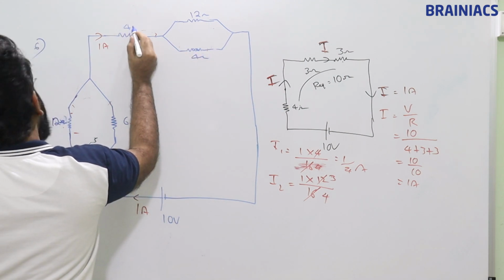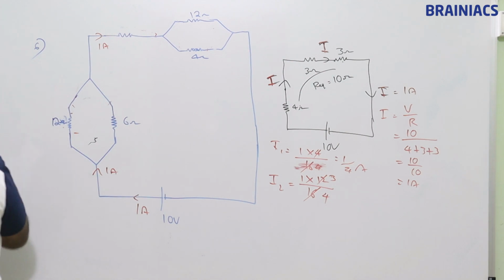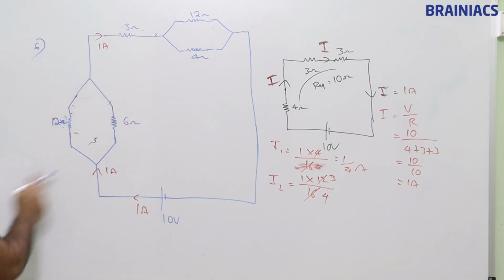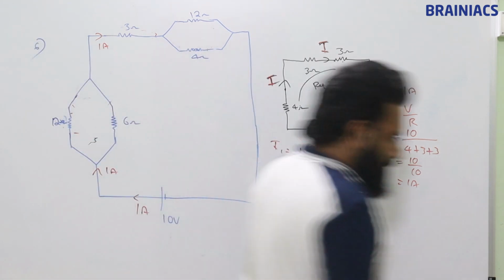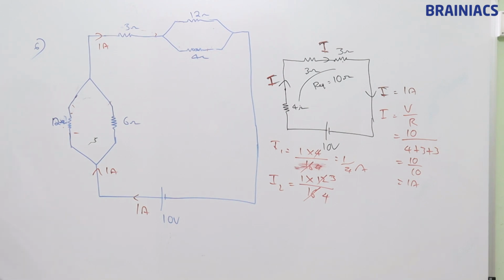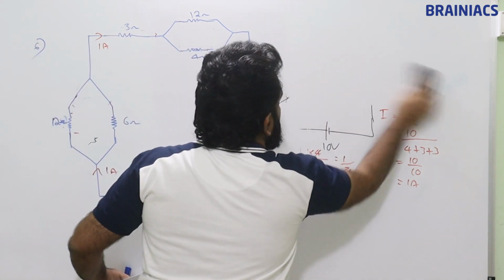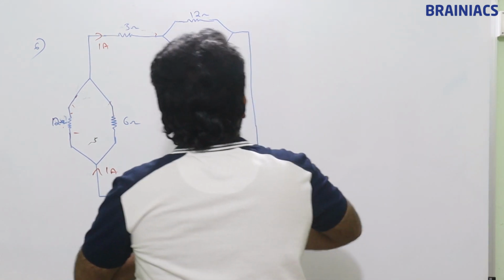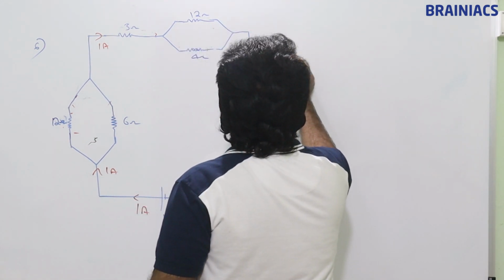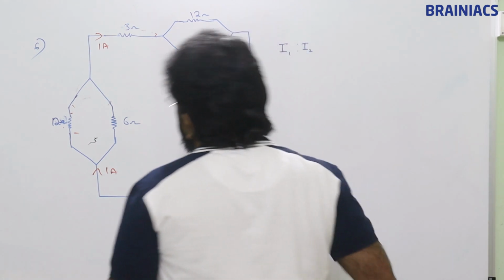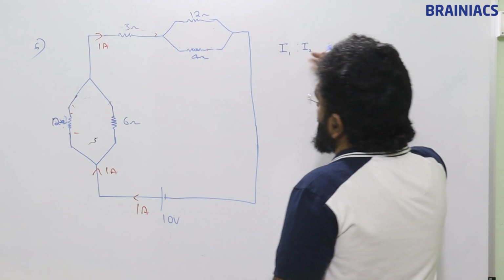This was 3 ohm. Okay, now we know 1 ampere current is coming. Ratio method is important because if we get more branches, we will be under trouble. So current division rule, 2 branches are there, current division rule is okay.